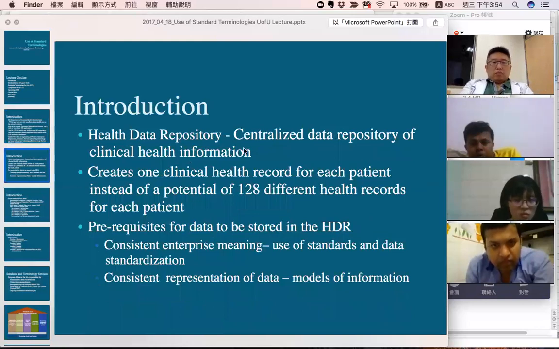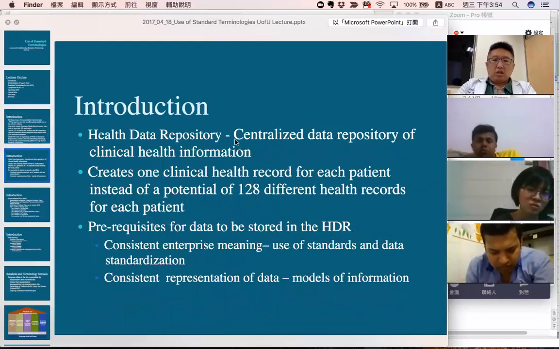Again, the main function of Vista is to store all the clinical health information. They provide a centralized data repository. I remember there are 3 main data repositories to hold all the health records.